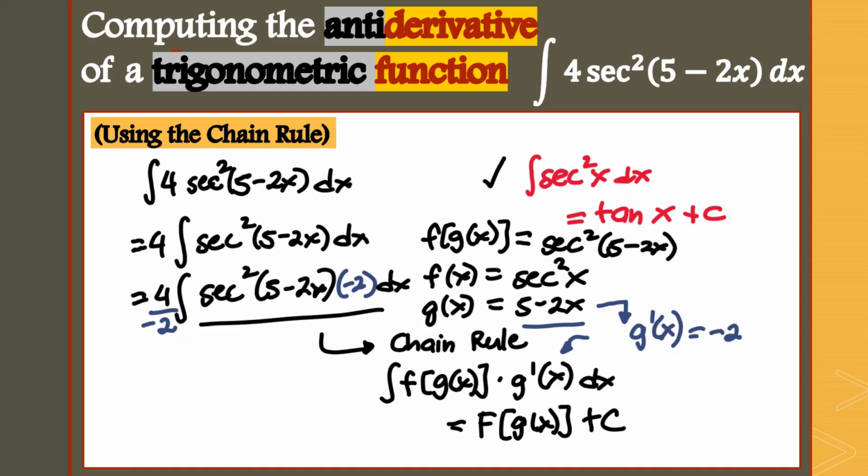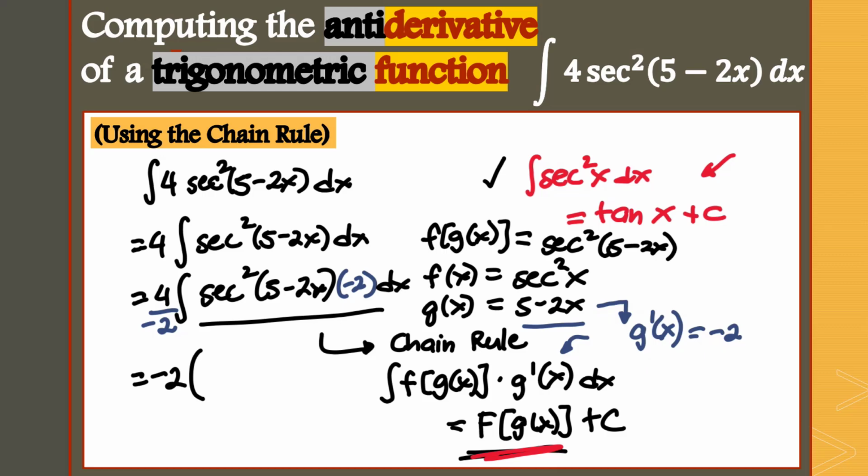Okay, simplifying the outside constant, you will have negative 2, and then this time you will have to provide the integral form or the antiderivative of the outer function with respect to our g of x.